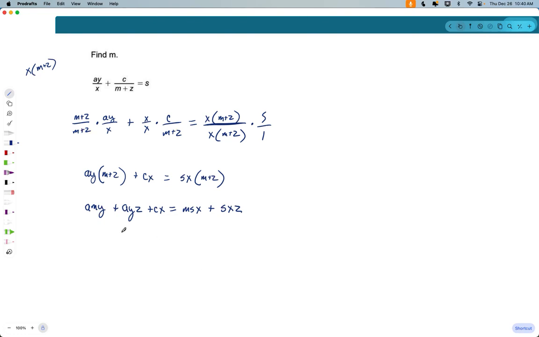So I see I've got this term here. And honestly, it would be a whole lot easier to just bring this one over here and this one over here. It's moving fewer terms. So you always want to think about how many terms do I have to move to get all of my like terms together, or all my terms with the letter I'm looking for together.